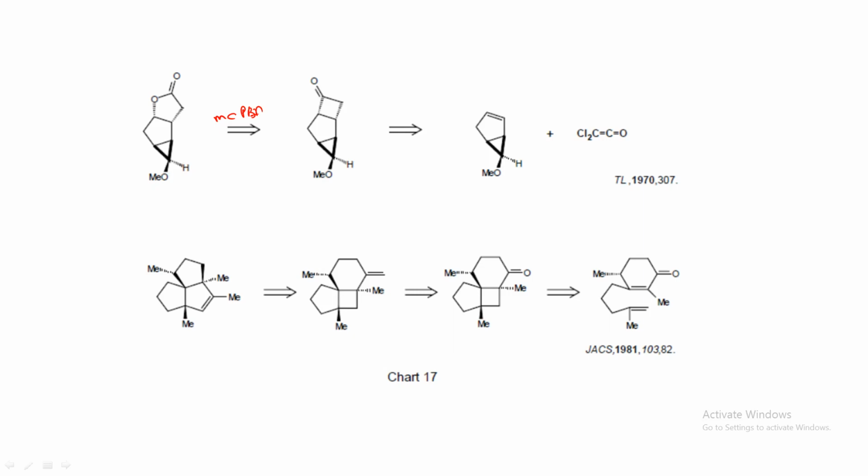So that's the first disconnection they have done, and the second case is nothing but the 2+2 cycloaddition reaction. So with this type of molecules we can generate this. When we do the 2+2 cycloaddition here, at first this kind of approach or attack would generate a dihalogenated species.